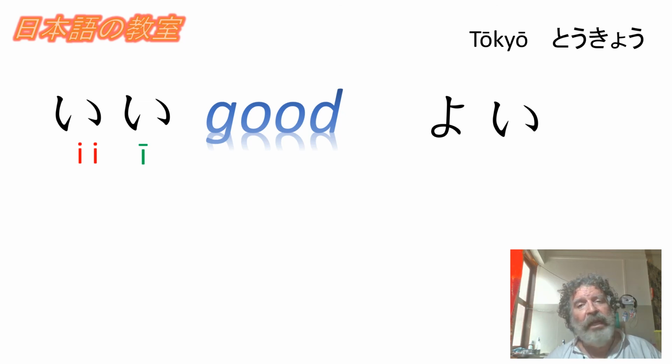Now, ii can also be written yoi. Yoi. And I told you that adjectives are conjugated. They are inflected. So ii is something that's good right now. Something that was good yesterday is yokatta. It was good, yokatta. You'll hear yokatta used so many times in Japanese.